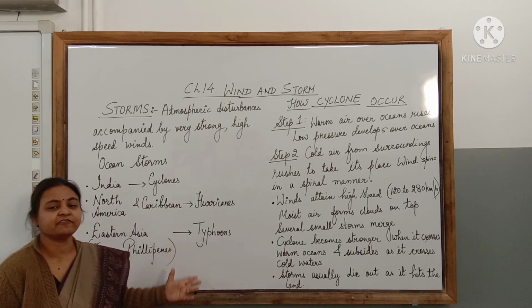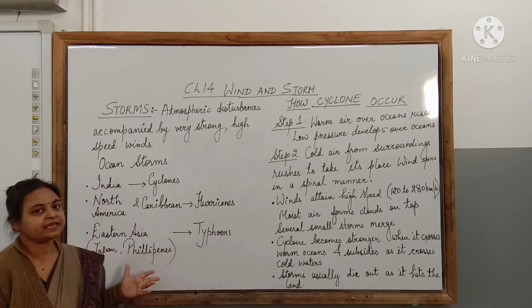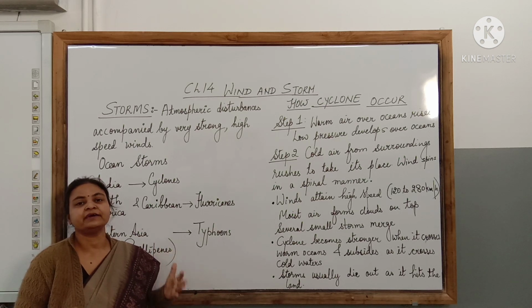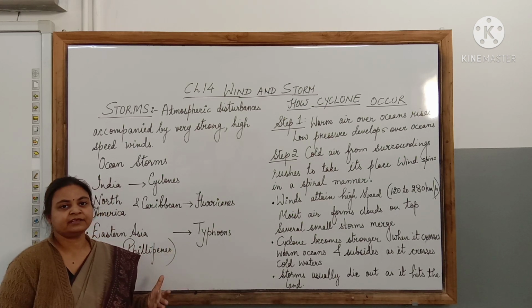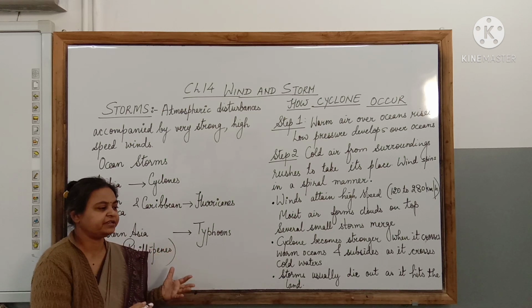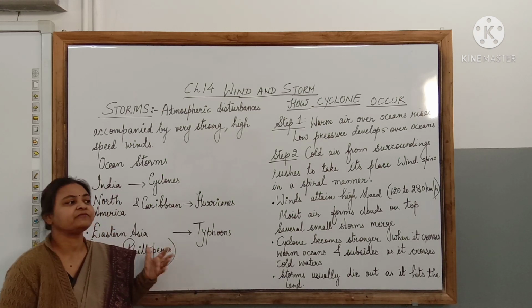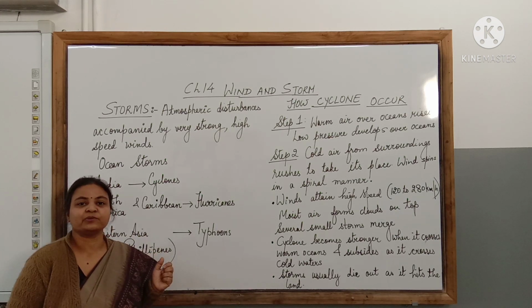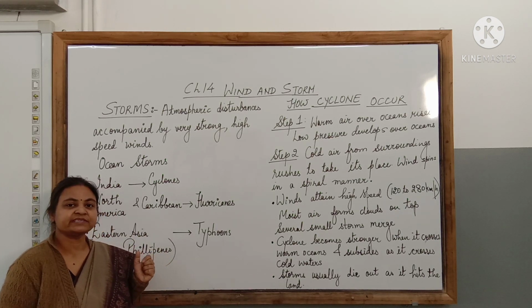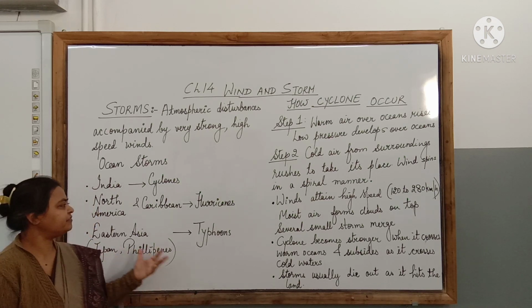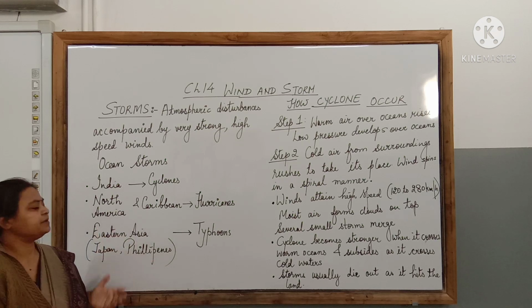Cyclones, hurricanes and typhoons are all the same. Regions situated near warm seas, near the oceans, especially the Indian Ocean and Pacific Ocean, which are warm oceans, are very prone to cyclones. Cyclones are very common in India, Japan, the Philippines, and the Caribbean islands.